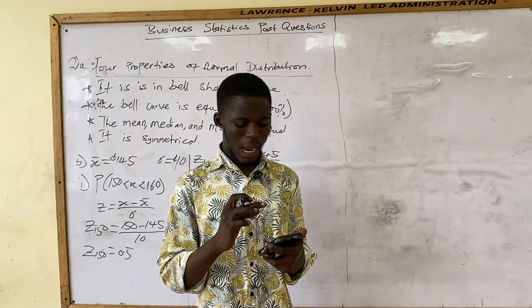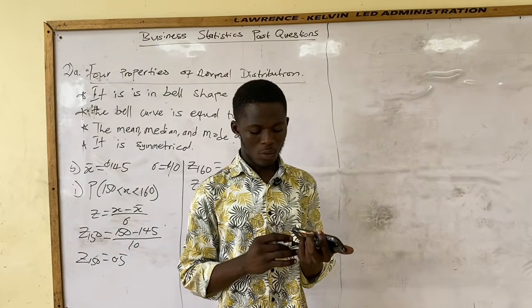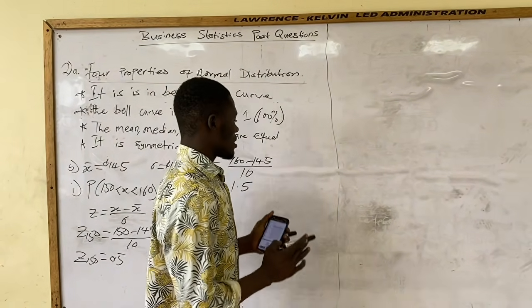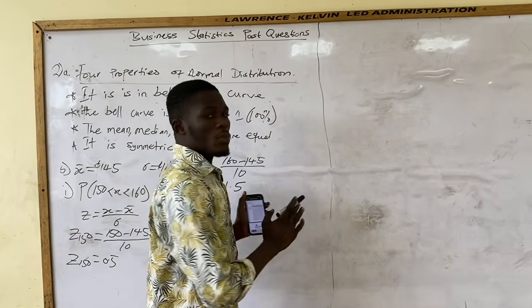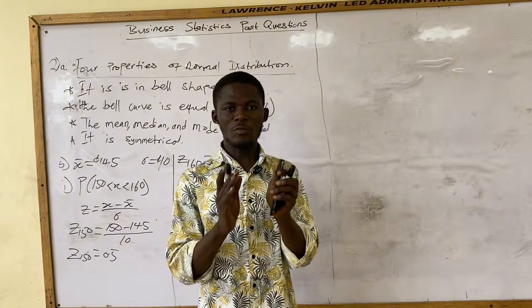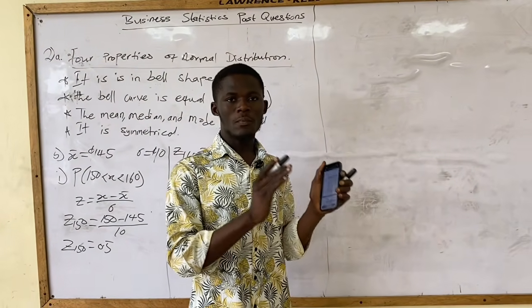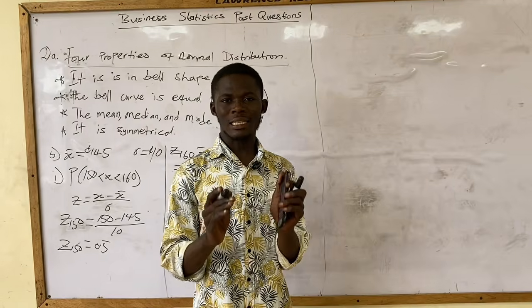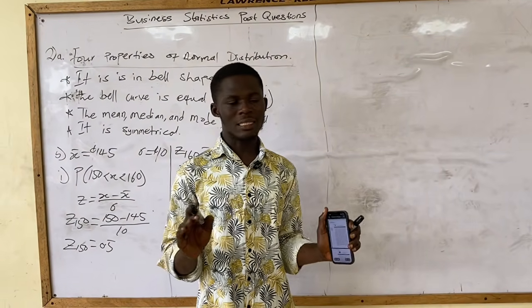Okay, and I'll be using the full Z score table. When you are using the full Z score table and you get a positive Z score to the left, you just refer to the Z score table, and any answer that you get is your final answer.